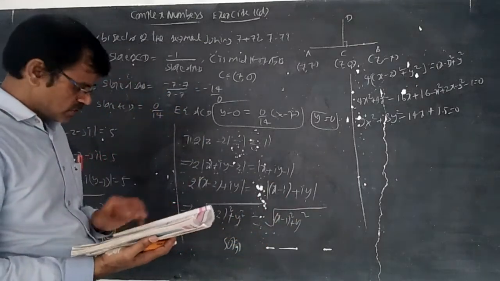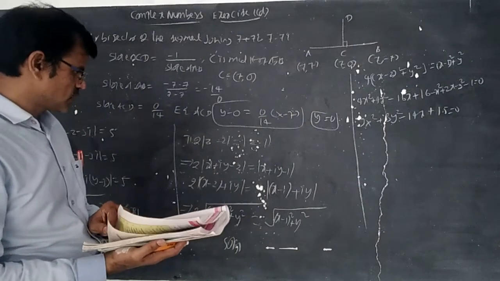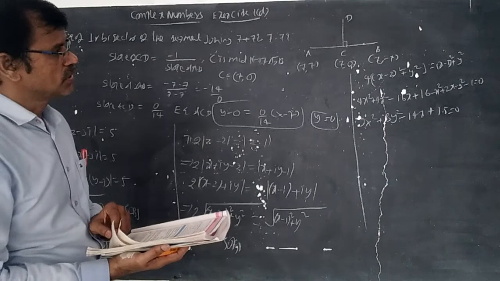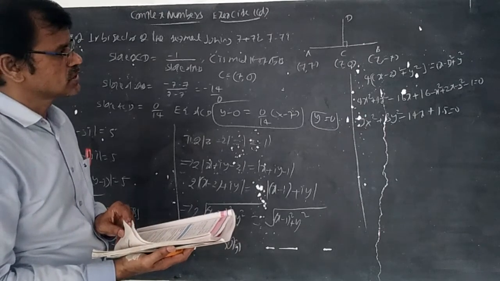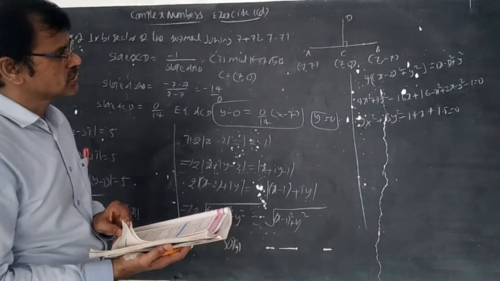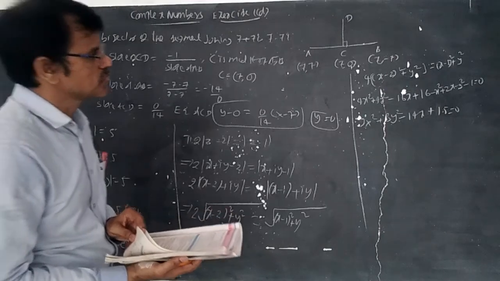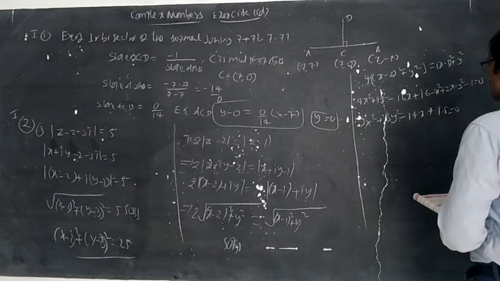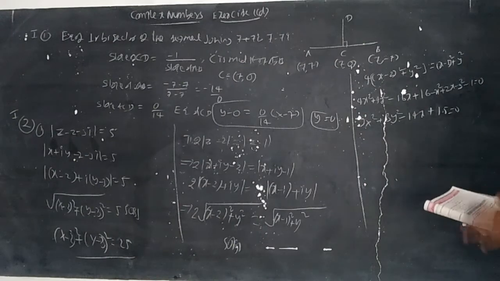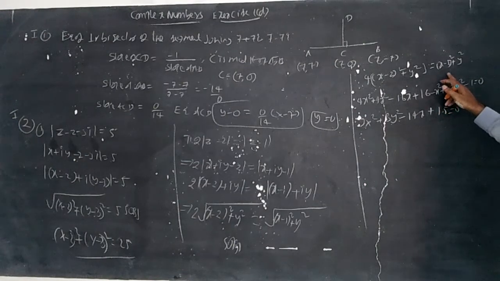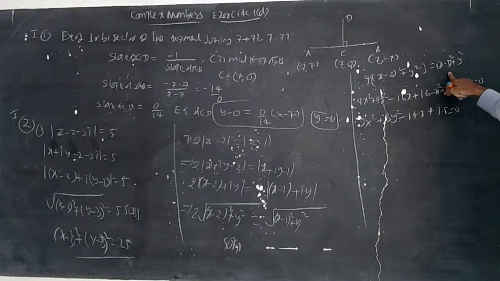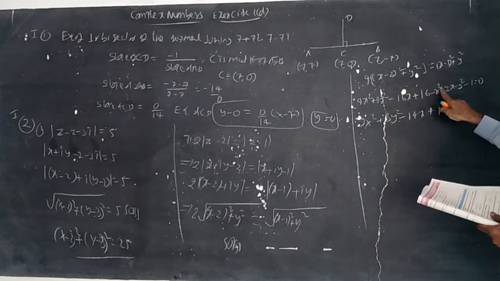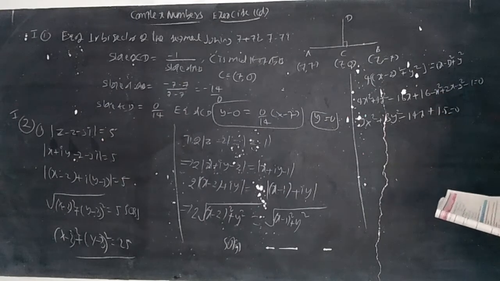Square root gets cancelled: 4 into (x minus 2) whole square plus y square is equal to (x minus 1) whole square plus y square. 4x square plus 4y square minus 16x, correct, minus x square minus 2x plus 1. If we divide it with 3, here 16, here minus 2x.